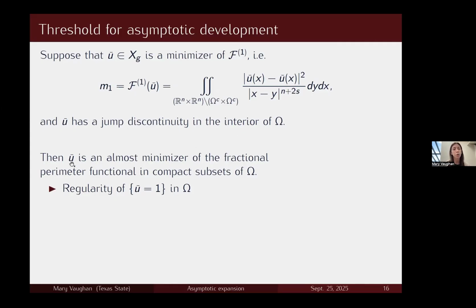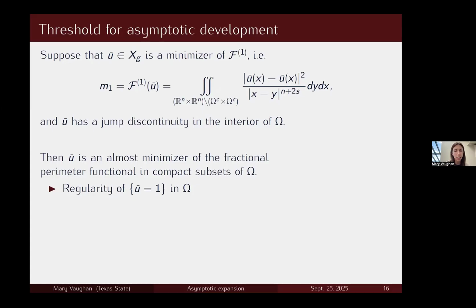Then we prove that ū is an almost minimizer of the fractional perimeter functional in compact subsets of Ω. So it's not a minimizer of the fractional perimeter functional. A big reason for that is because we have this boundary data g, which is just a Lipschitz function. So we have to work with almost minimizers instead.